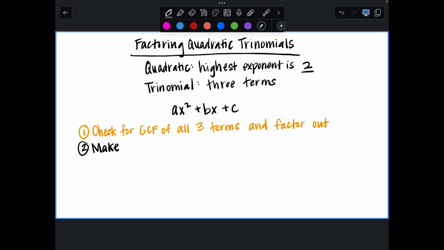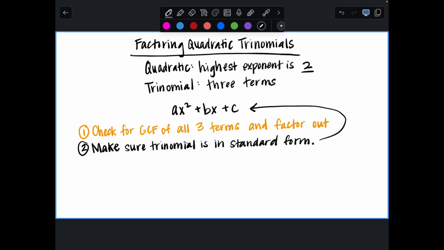Then make sure that the trinomial is in standard form. So this just means that if the terms are in a different order, so if they have the constant in the beginning and the x squared term at the end, you need to rearrange them so that they are in this format.